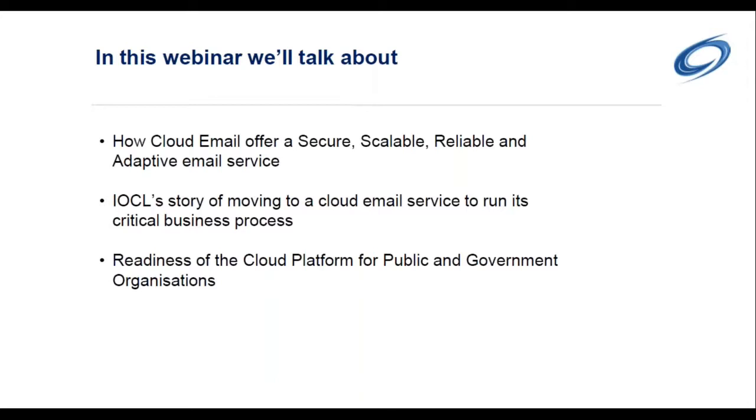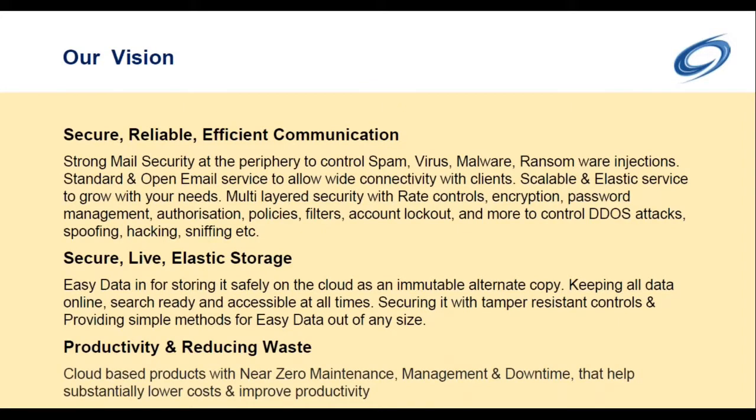So let's get started. Now, what is our vision for a perfect system? First and foremost, with any email system that you deploy, today the biggest concern is about your email system getting attacked by ransomware, by DOS attacks, by virus, by spam.